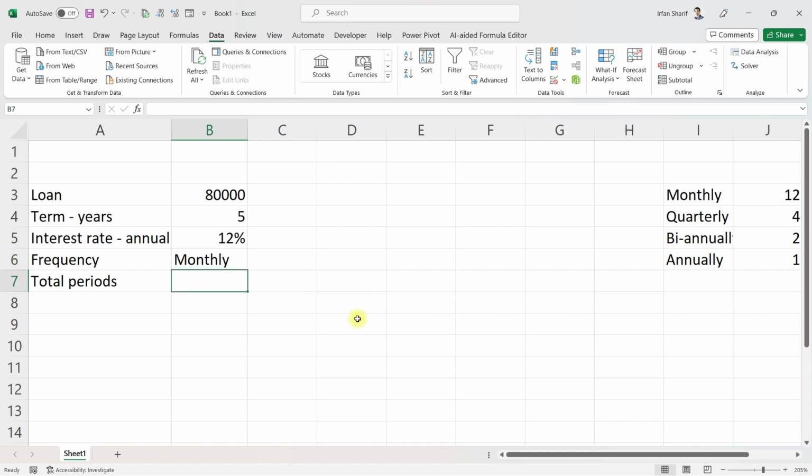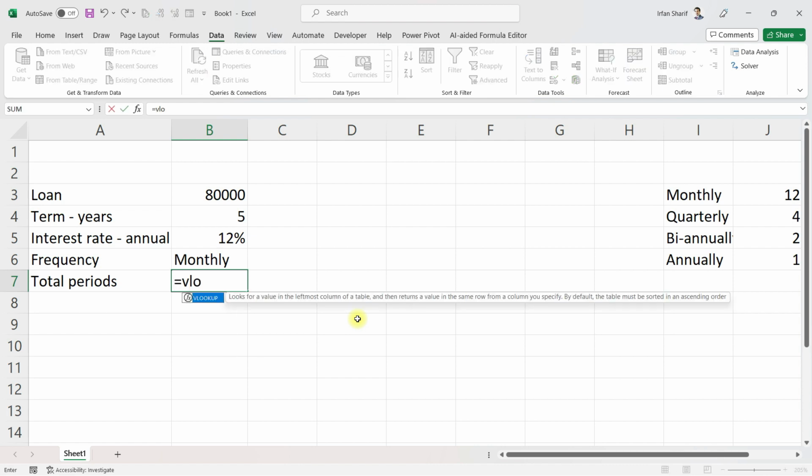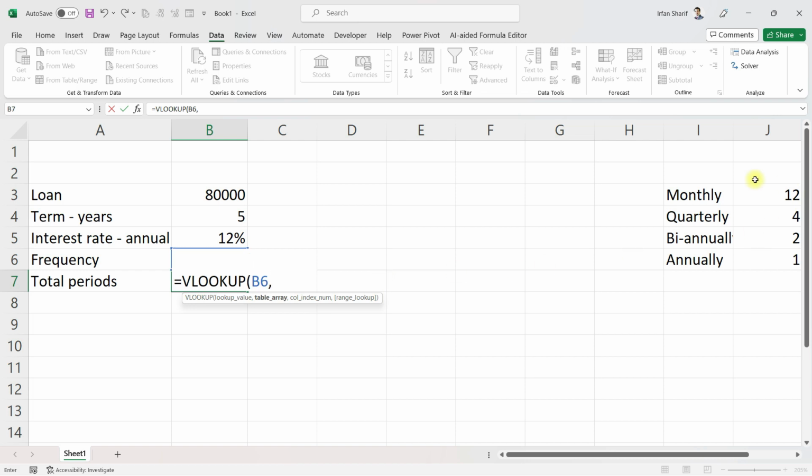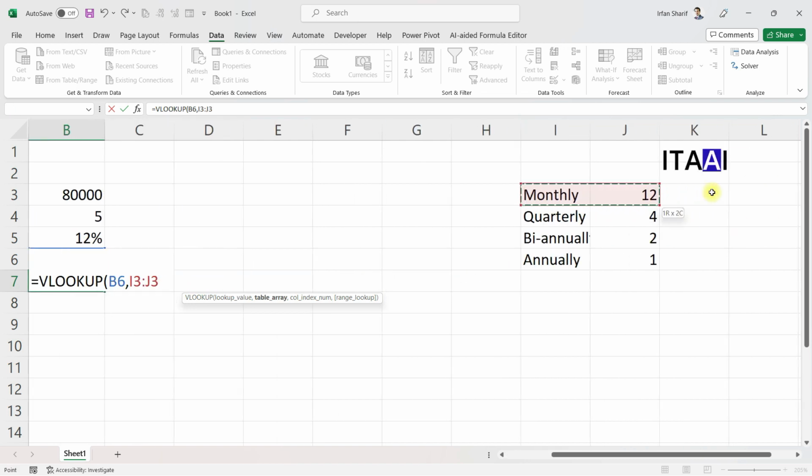And you can do that in multiple ways. XLOOKUP is the best formula, but since a lot of users don't have Excel 365, we would be using VLOOKUP here. So I would say equals VLOOKUP, and the lookup value should be this value here in cell B6, press comma. The table from where the value should be selected is this one, press comma again, and for the column index from my selected table, I want to pick up the values from the second column.